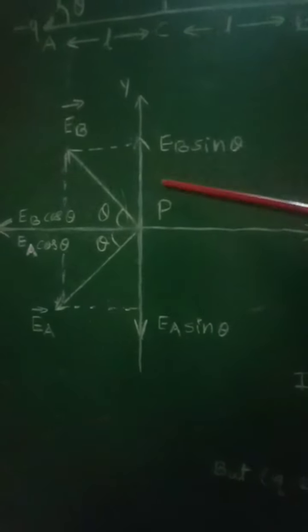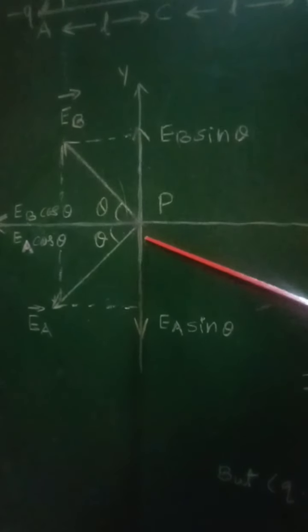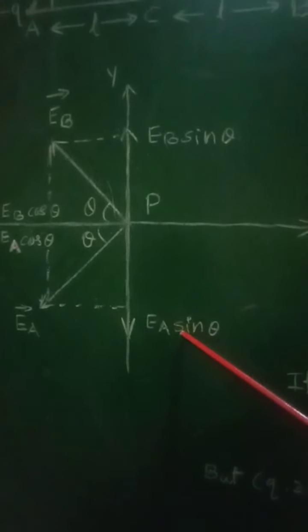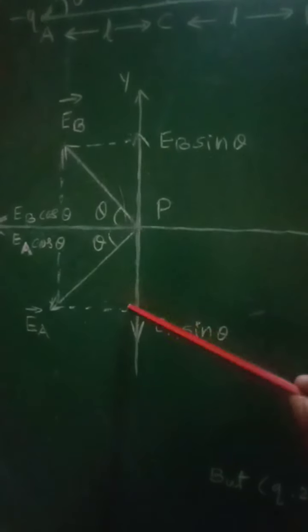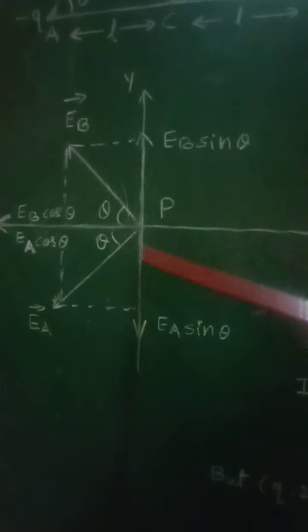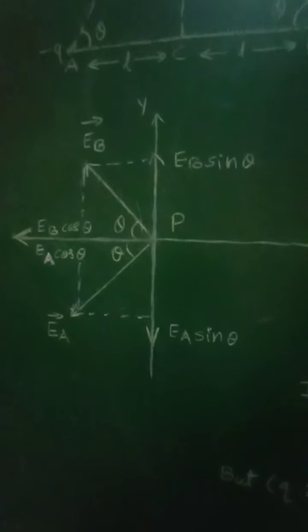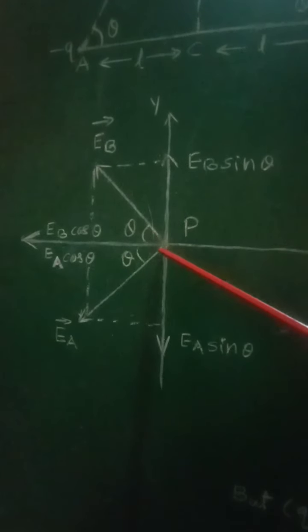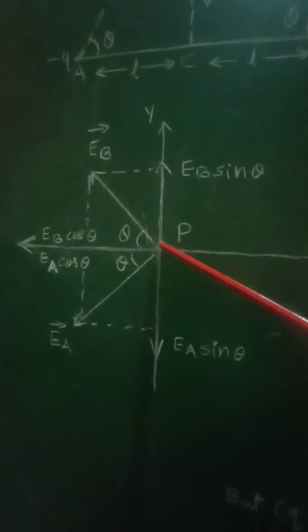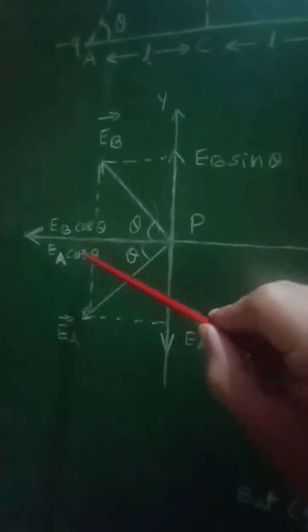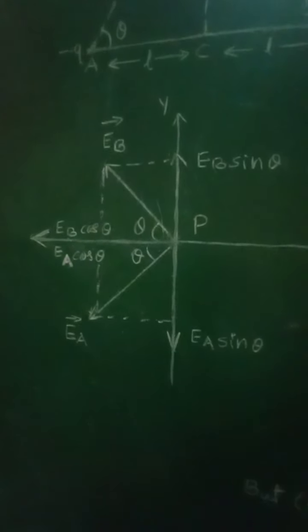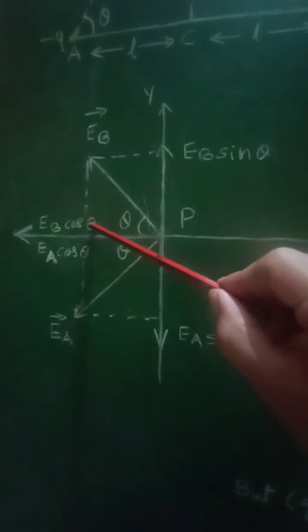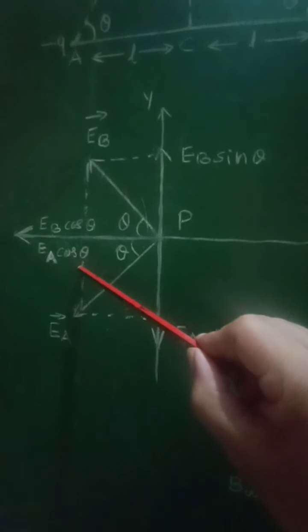Now the vertical components of EB and EA, that is EB sine theta and EA sine theta, will be equal in magnitude and opposite in direction. Therefore they will cancel each other, and therefore the electric field intensity at point P will be due to only these two horizontal components which are directed in the same direction, that is EB cos theta and EA cos theta.